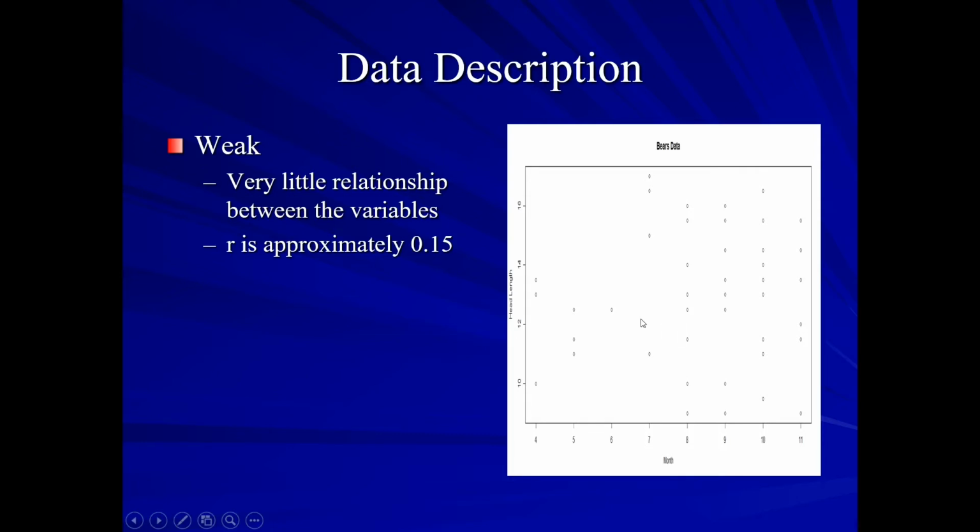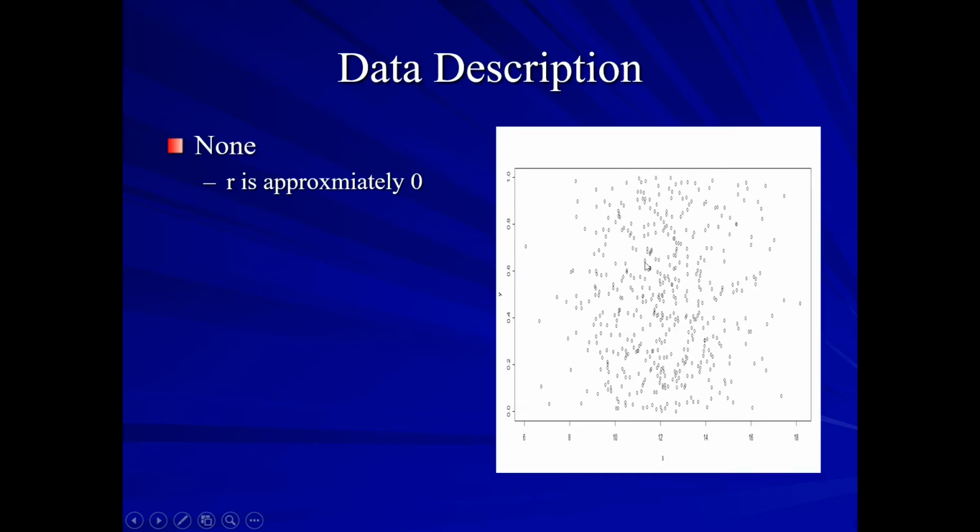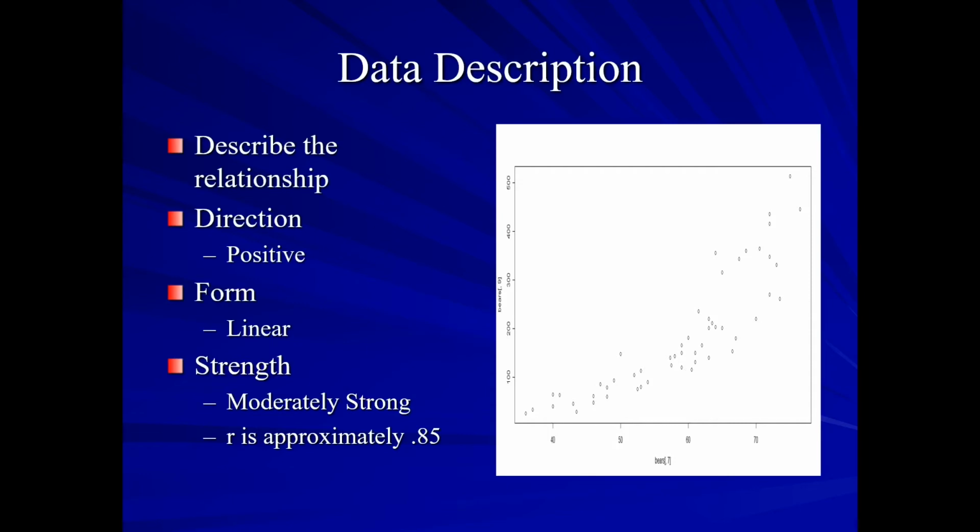My correlation is weak. And I can run a line through this. This is approximately 0. Very difficult to tell anything about this. All we can say is that, well, I can run a line through here, but it's not going to be very trustworthy. My correlation is approximately 0. Therefore, there's no correlation. So here, we've got positive direction, linear form, moderately strong, correlation's 0.85.